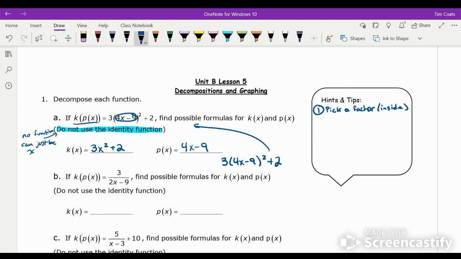Then in the original function, we want to replace the factor with x. Then we want to plug it back in to test to make sure we got it right. And if we didn't, then we want to just retry.